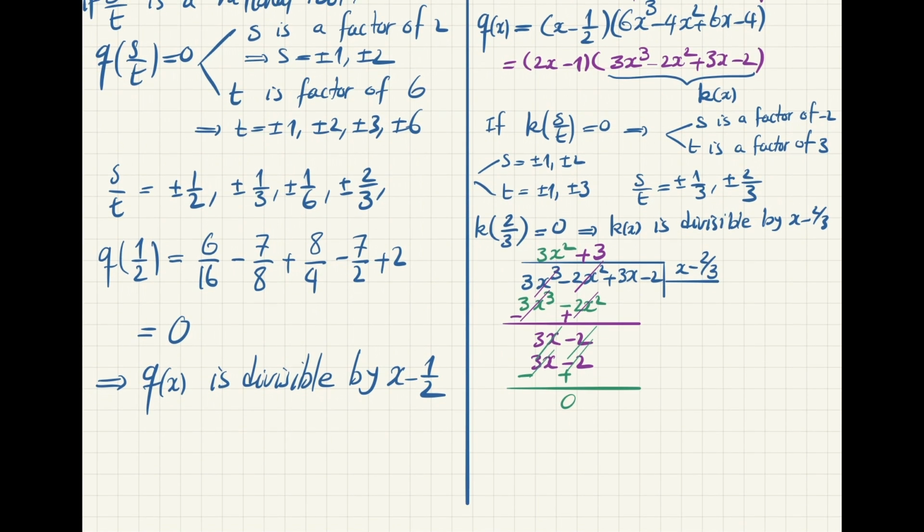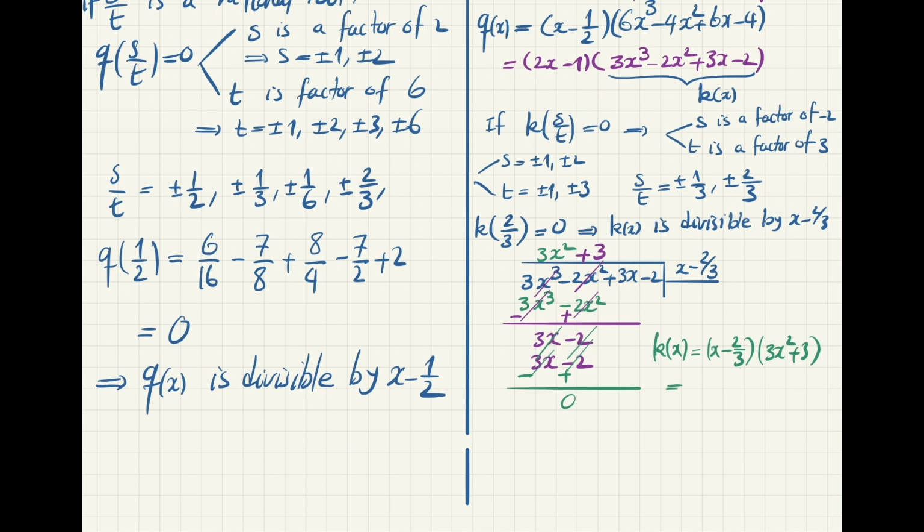So what does it mean? It means that k of x is equal to x minus 2/3, which is my divisor, multiplied by my quotient, which is 3x squared plus 3.